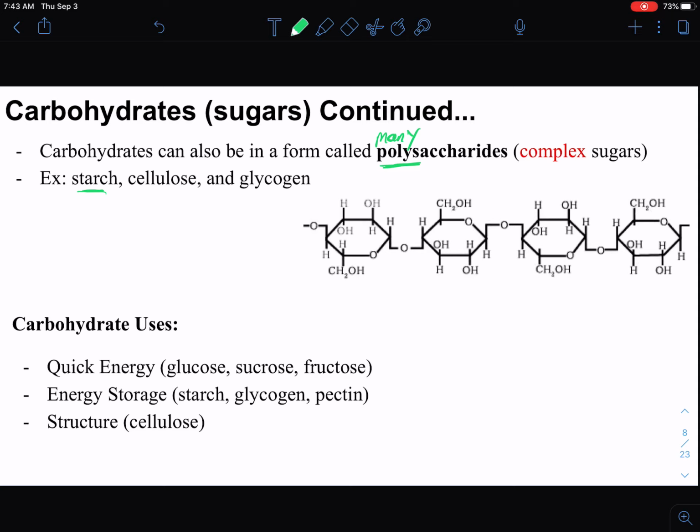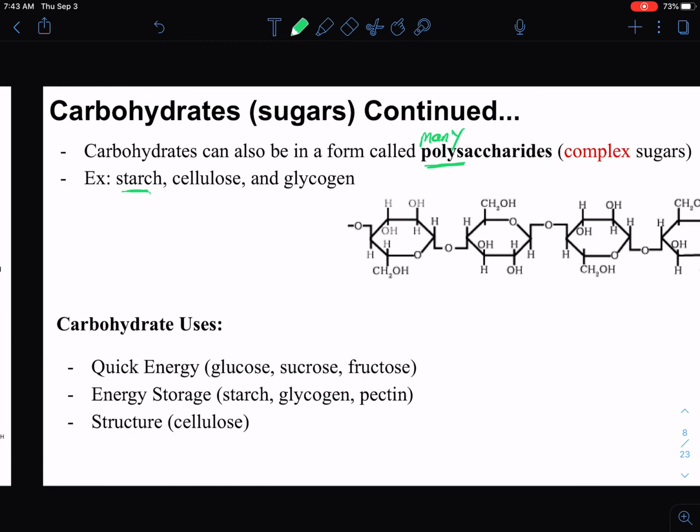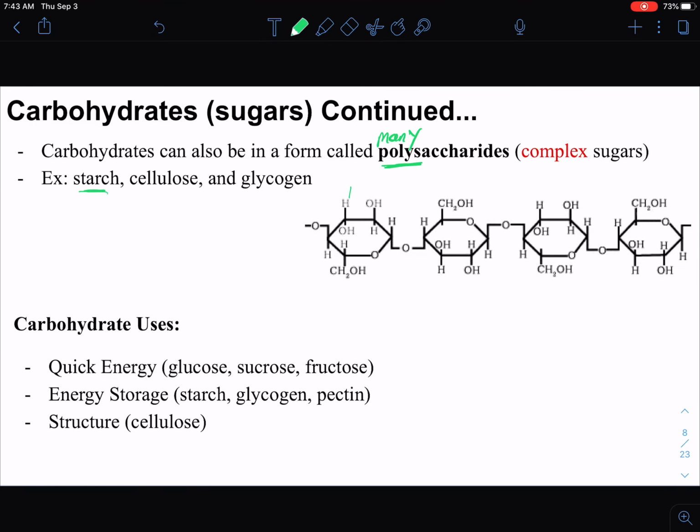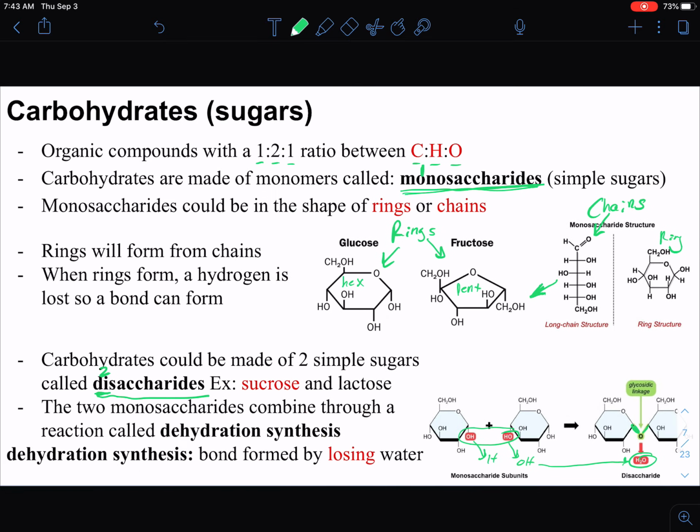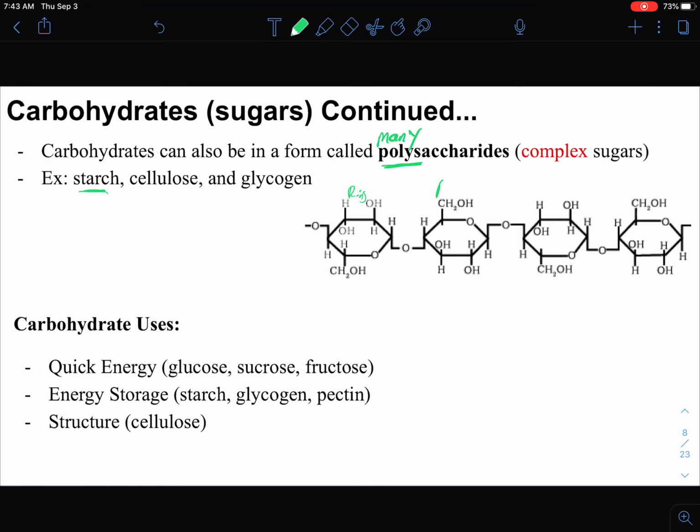These are very long chains made of rings. As you can see, this is a chain here, but we have a ring, ring, ring, ring. All of those rings bond together to form these long chains.